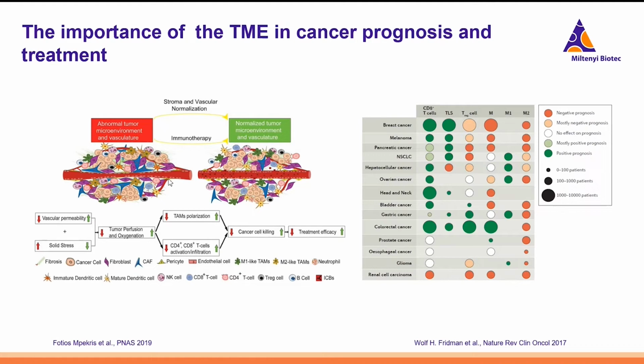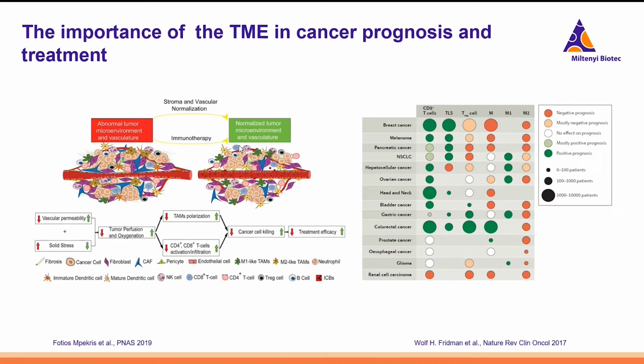and thus enhance cancer killing. So the biological processes occurring in the tumor microenvironment play an important role in tumor development and do affect the clinical outcomes of cancer patients. In this table on the right, you see the effects of immune infiltrates on the prognosis of patients with cancer.